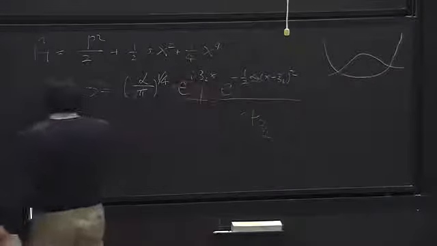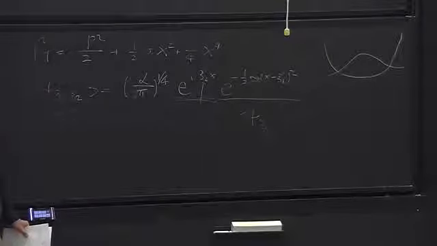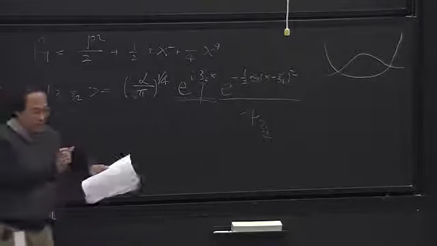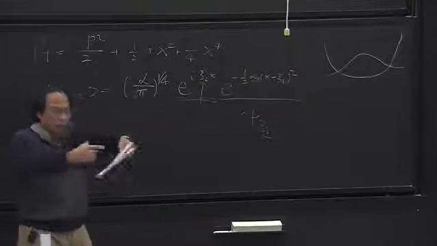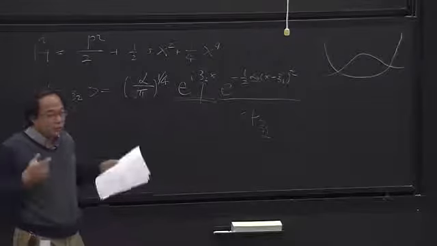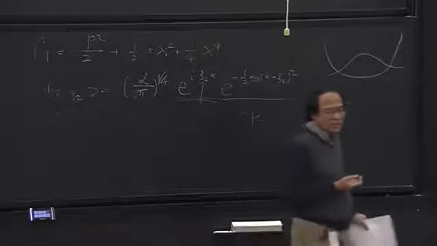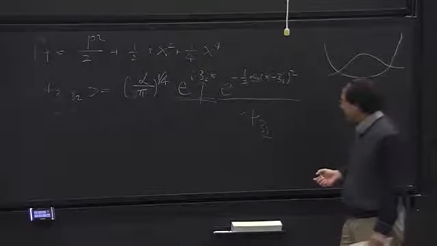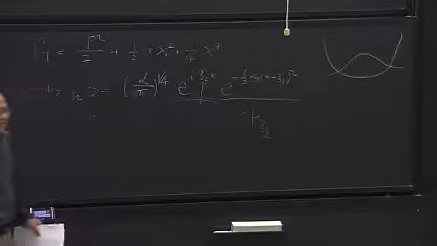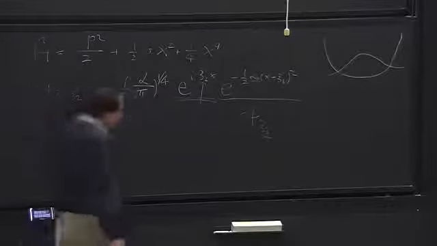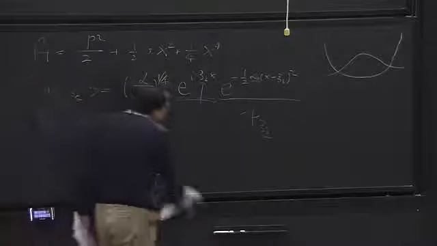You have alpha and beta, so you have four parameters. You not only have a motion of the center of mass, you have motion for the breadth of a wave packet, and you may get a better result. We'll see whether this would be helpful or not. But anyway.